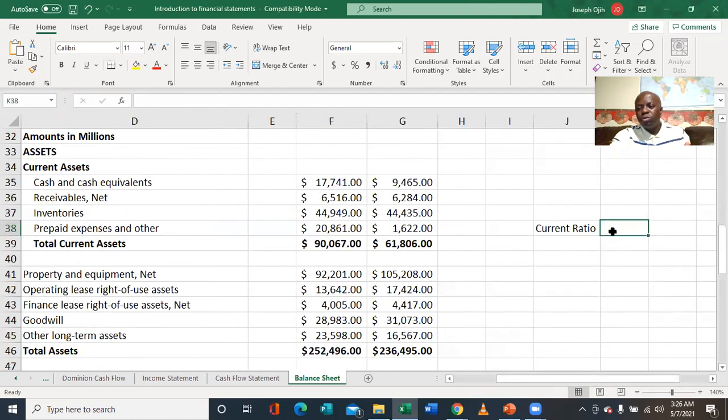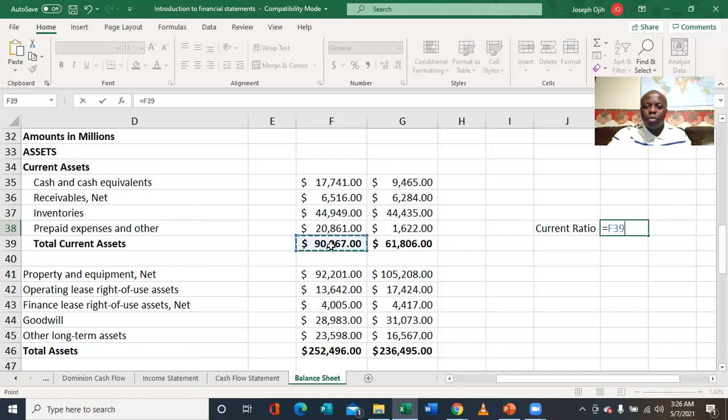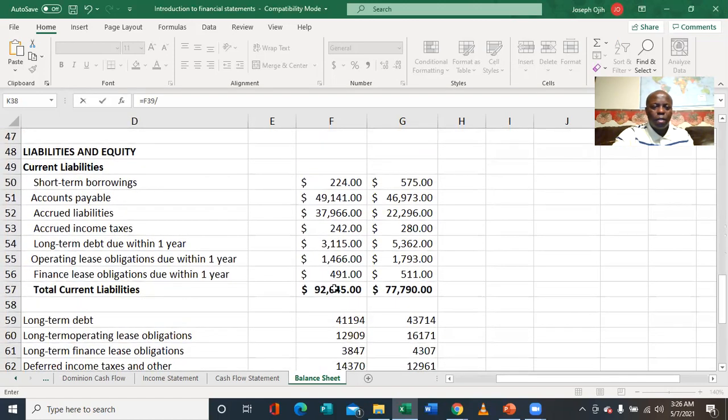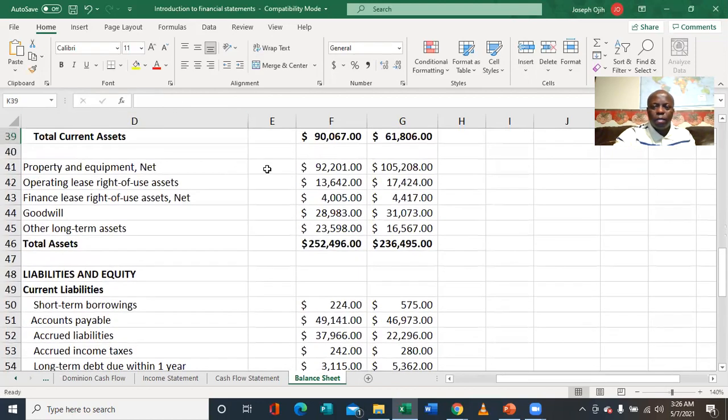If you want to do any calculation in Excel, put the equal sign first to put it in edit mode. Total current assets in 2021 divided by total current liabilities, which is this one here. You can also see the calculation right here at the top. Then press the enter key.